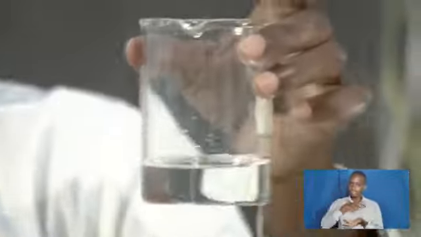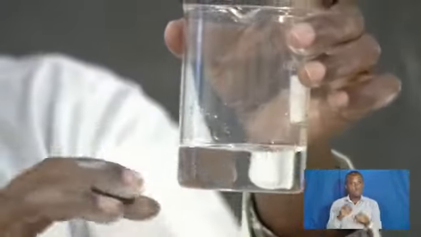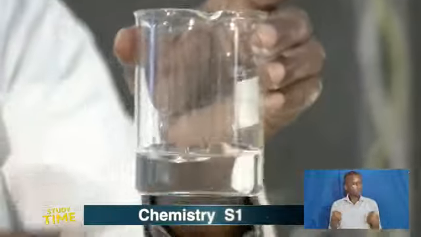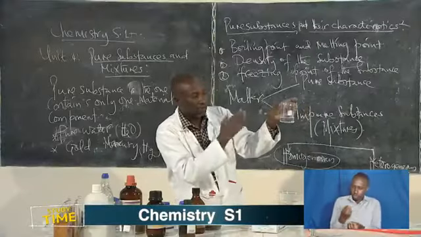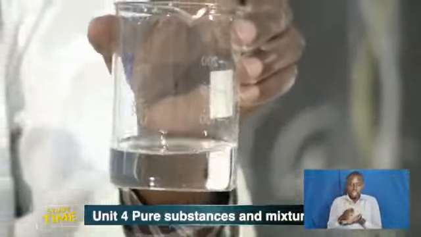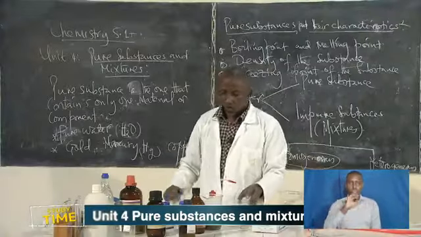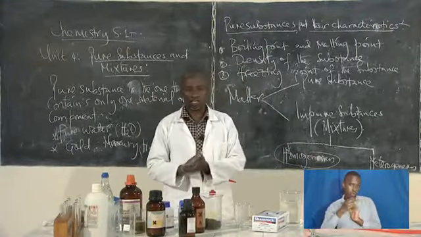This mixture is uniformly distributed. You can't look at them and then easily tell that this is a mixture, because they are uniformly distributed together throughout the solution. That is one of the examples of the homogeneous mixture.